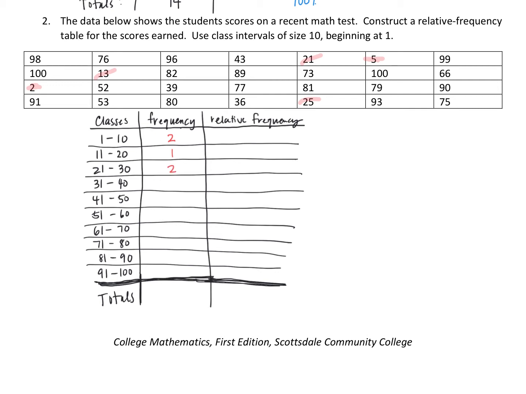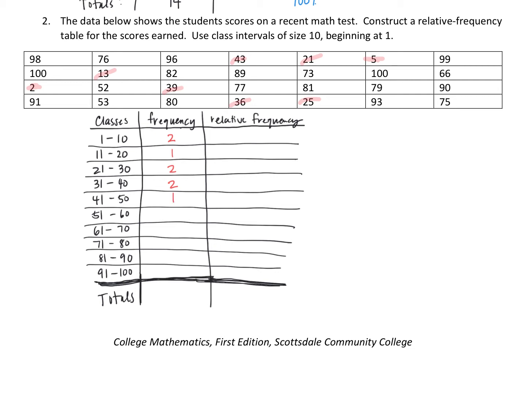Now I'm going to be looking for scores between 31 and 40. 1, 2, looks like 2. All right, next I'm going to look for scores between 41 and 50. 1, looks like 1.